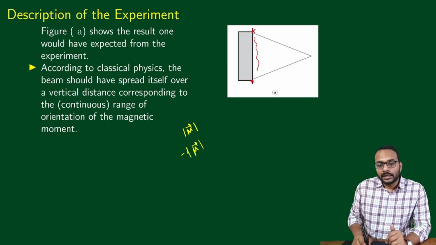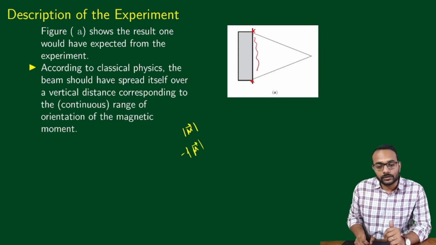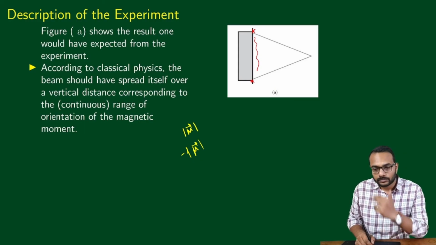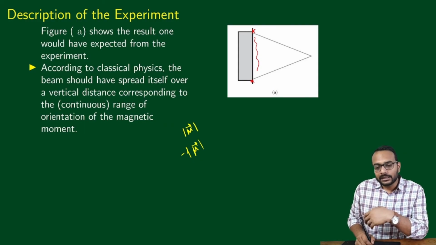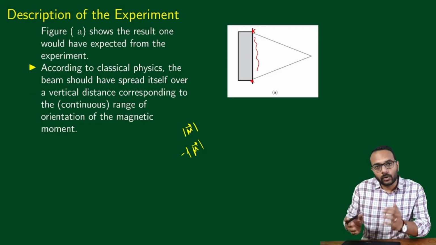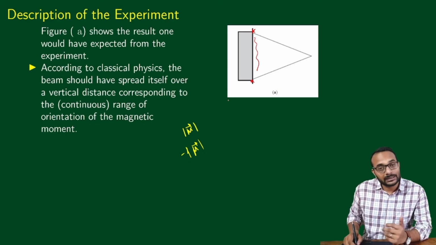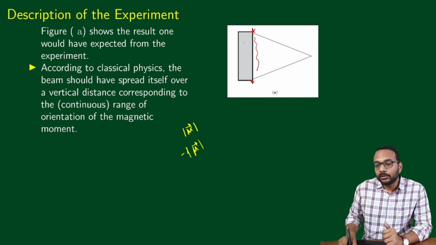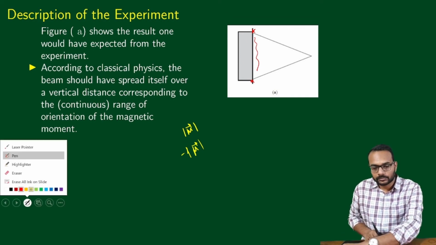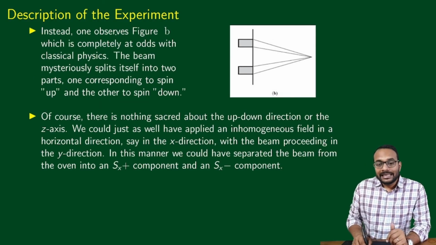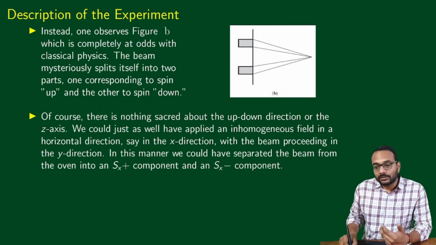So the beam should have spread itself over a vertical distance corresponding to the continuous range of orientation of the magnetic moment. We expect that the magnetic moment can be oriented in all sorts of directions, and if that was the case, we would get a continuous distribution on the screen. Instead, what we observe is what we have here.